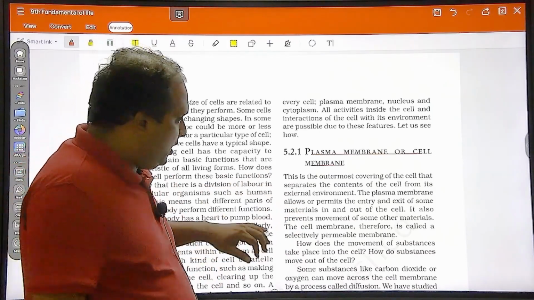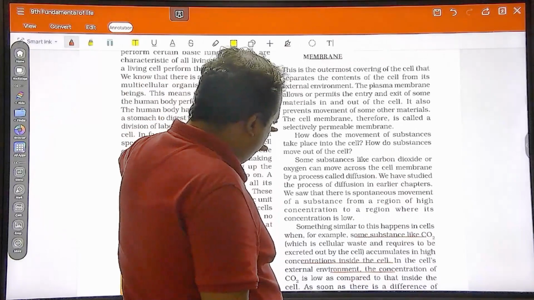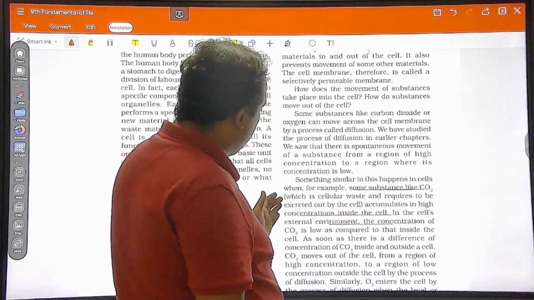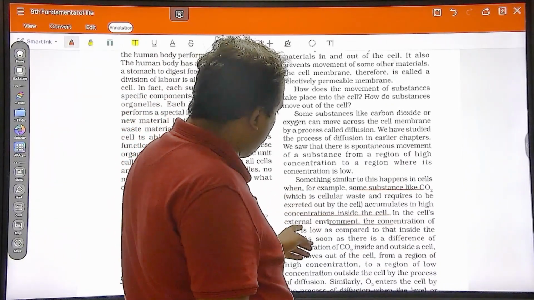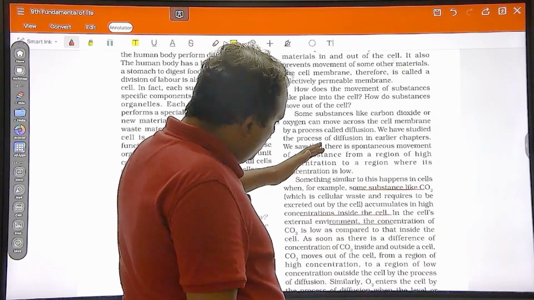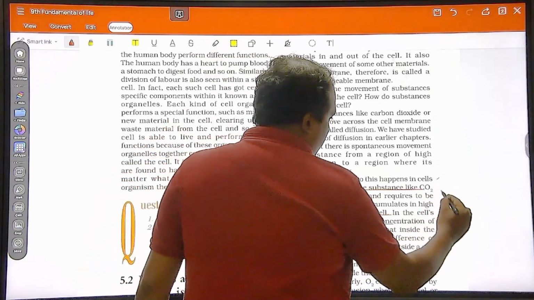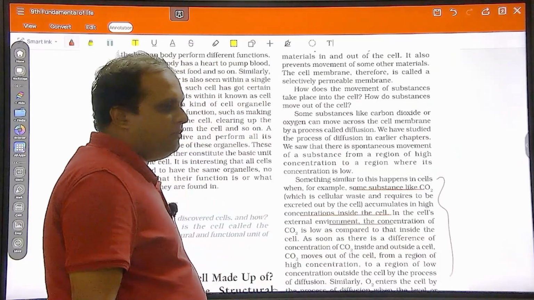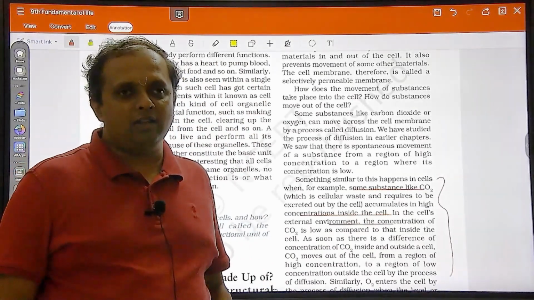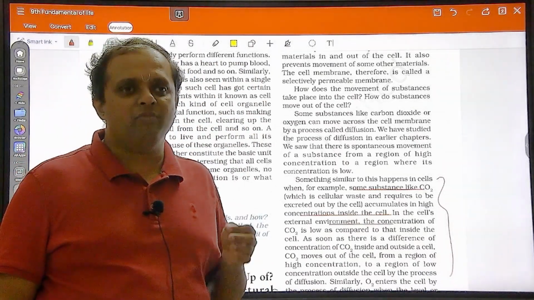Here you would see those lines saying that substances like CO2 excreted out by the cell accumulate in high concentration inside. These lines are mainly dependent on the permeability nature of the plasma membrane.